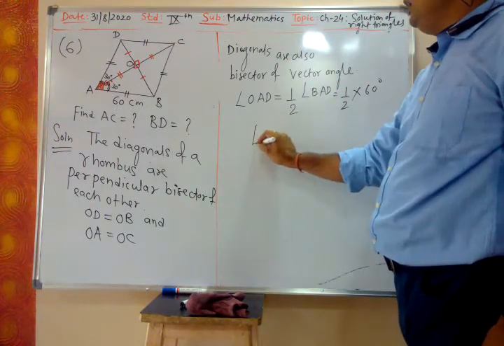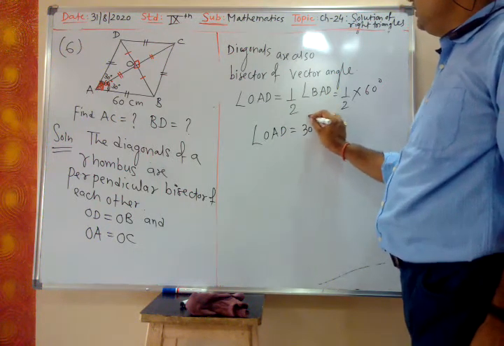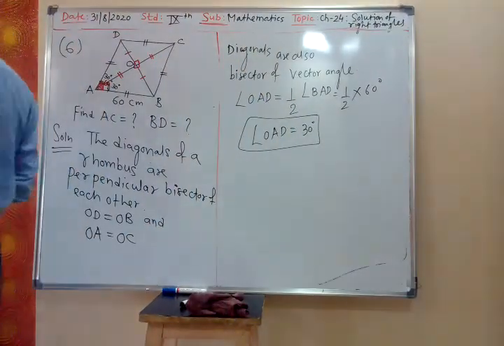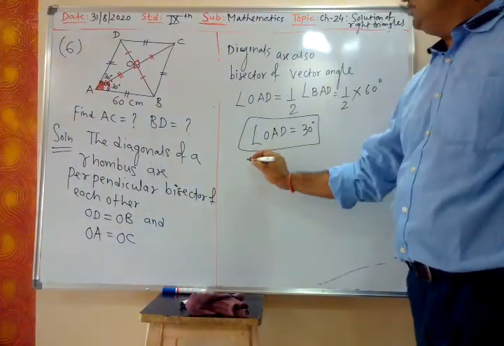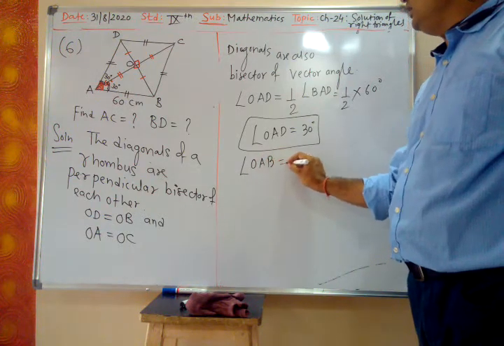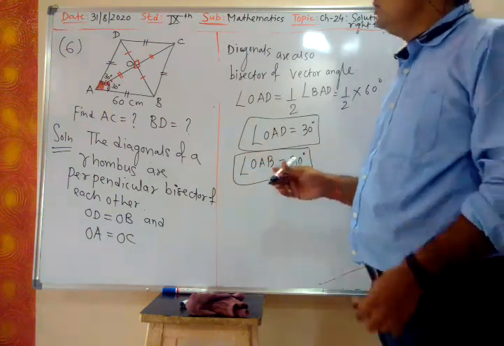So angle OAD is equal to 30 degrees. Similarly, angle OAB is also equal to 30 degrees.